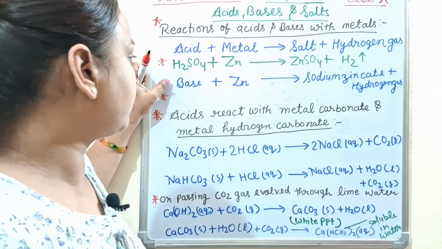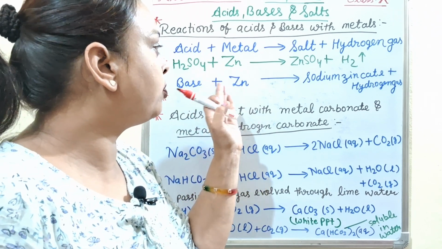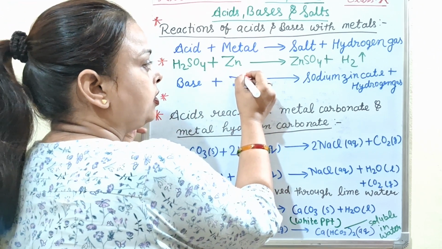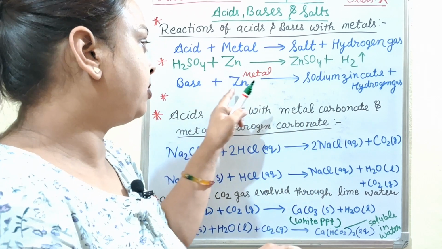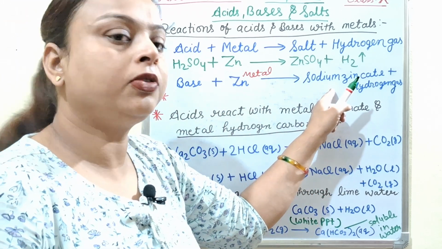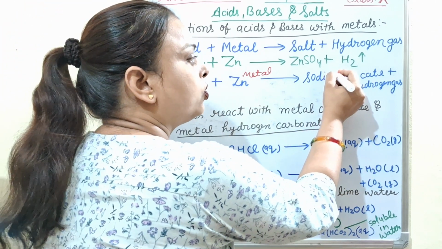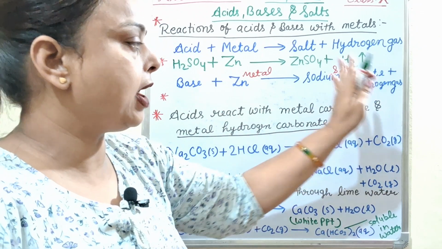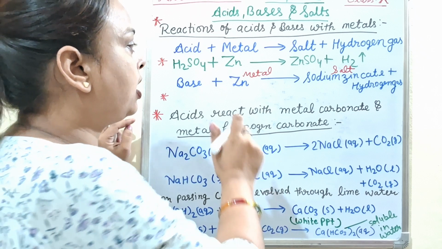Now come to the next point. When base reacts with metal, here the metal is zinc. When base reacts with zinc, then it forms sodium zincate. This is also a salt. And it forms hydrogen gas. Now write the equation of this reaction.